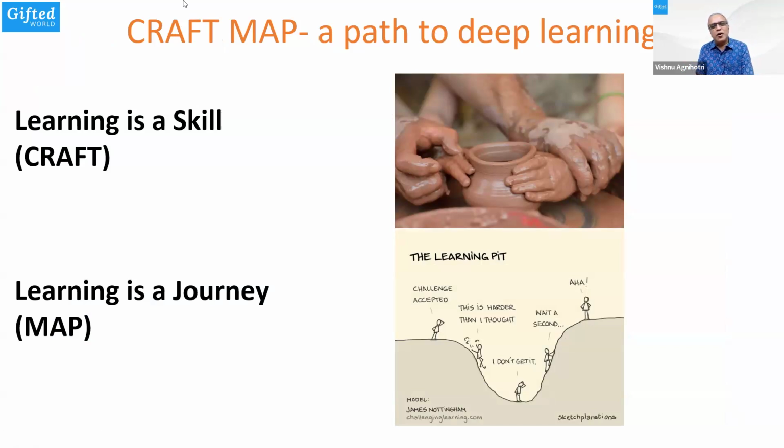So as you do these kind of things, asking questions, active experimentation, playing around with the simulation, persisting with the thing, asking the doubt, finding a mentor, you will develop the skill. But learning is also a journey. Like I said, it's not linear. You'll have challenges, you'll come back. So journeys need maps. So remember craft map. I will tell you how it expands.